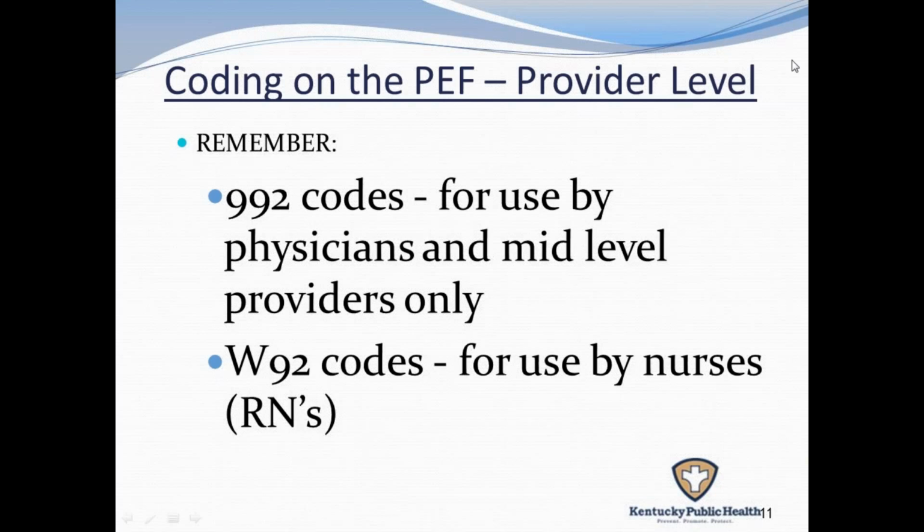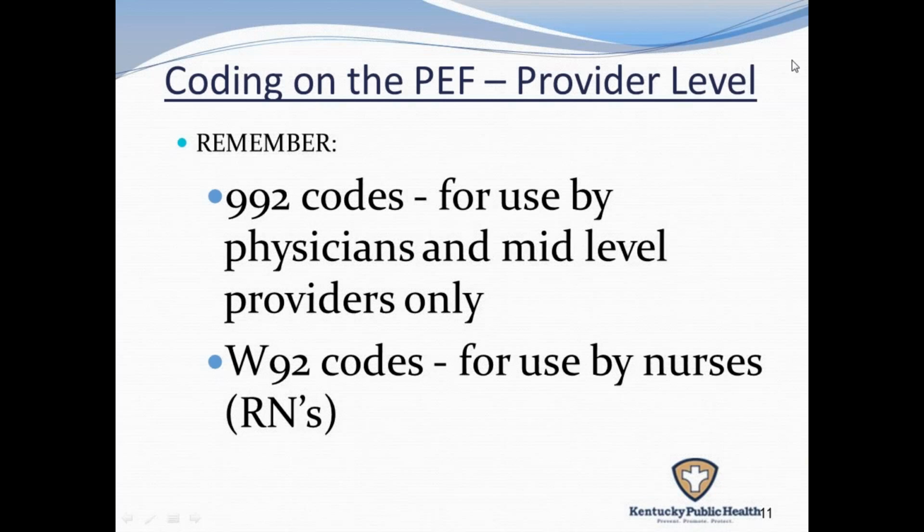All right, coding on the PEF and the provider level. Remember that the 992 codes are for use by physicians and mid-level providers only. The W92 codes are for nurses. That's your RNs that are using the codes out there. So that's why we have those W codes, for RNs.